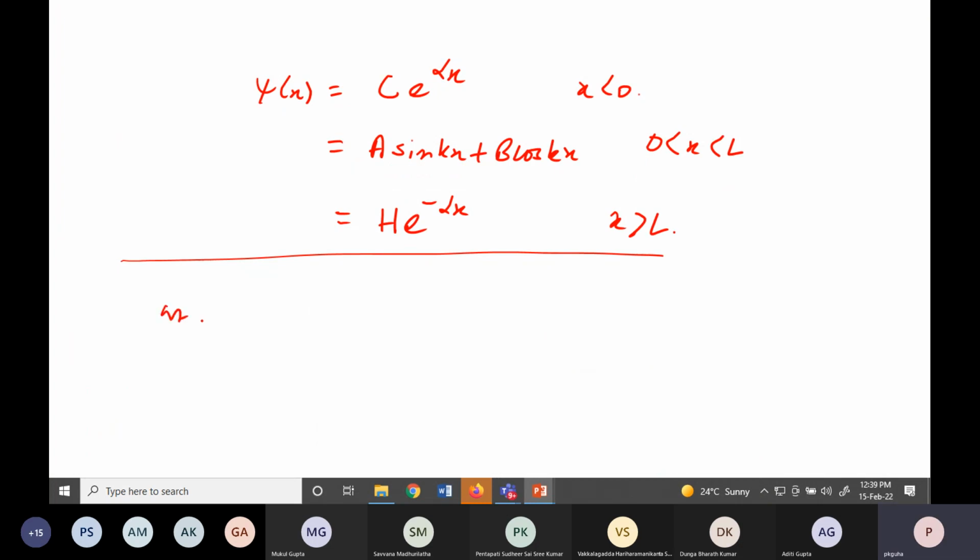So at x equal to 0 and x equal to L, that is the two walls of the potential well, psi x should be continuous.